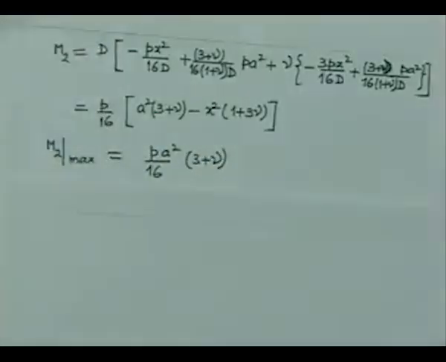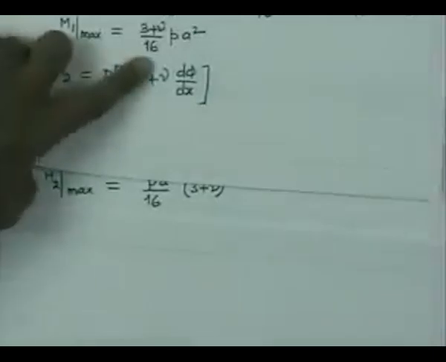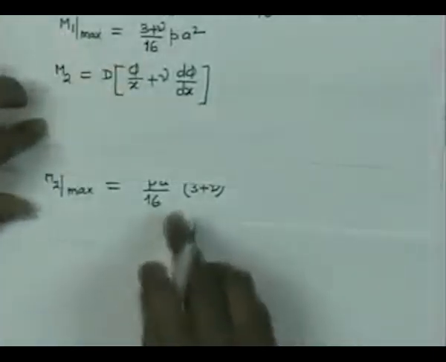So, finally, we have been able to get the maximum of both the moments. M1 maximum we have got already (3 plus nu) by 16 p a square.